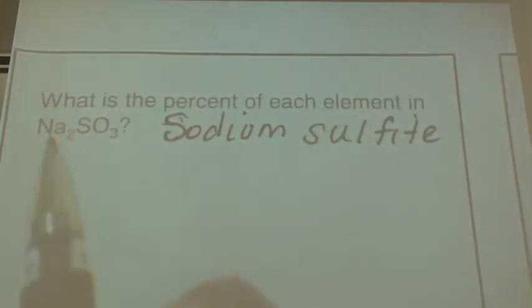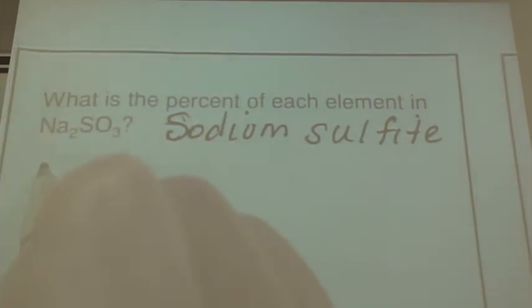Okay. This is a ternary compound. It has 3 capital letters. When it has 3 or more capital letters, you look on your green sheet of happiness for the polyatomic ion. This is a group 1, so you just say the metal's name and you say the polyatomic name.